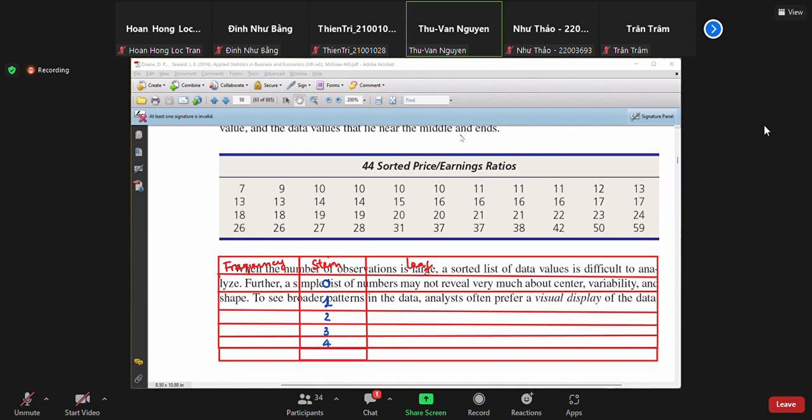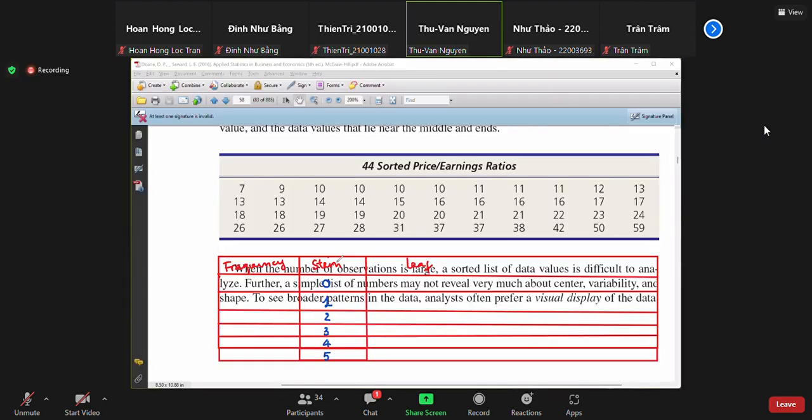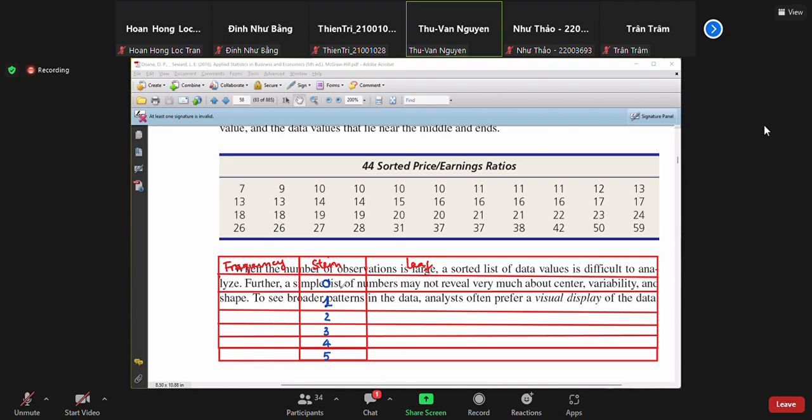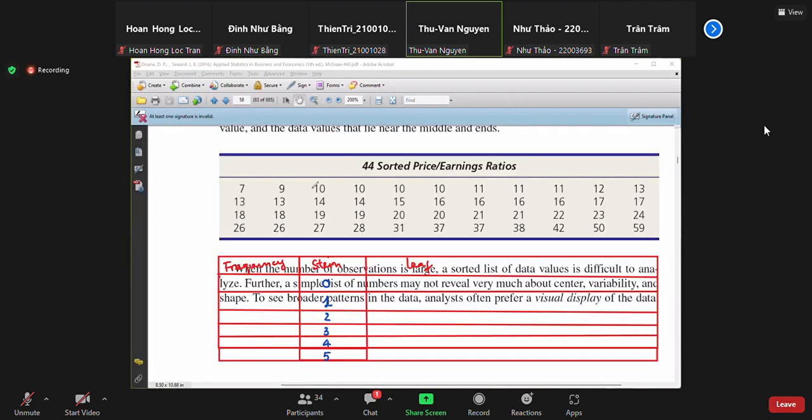Okay, number 5 here. Students, what I mean is that the stem must be increased each time by 1. So even if you do not have a number like 42, you still need to write the number 4 here, even though there is no leaf. Understand, students? The stem must be increased each time by 1.